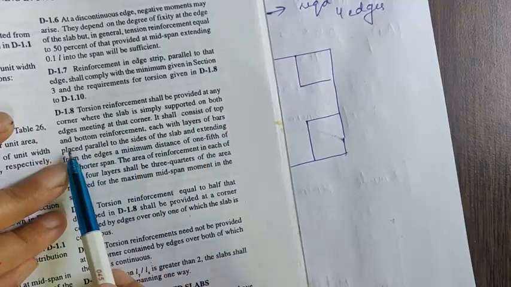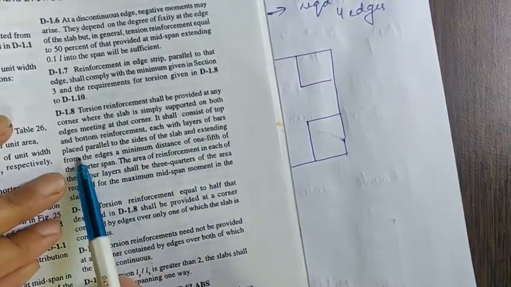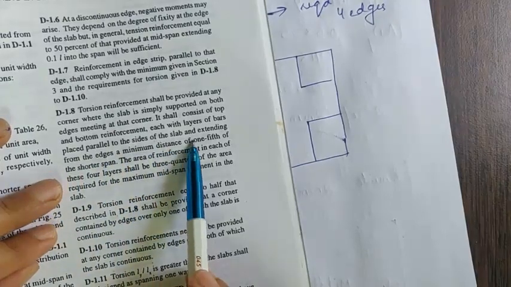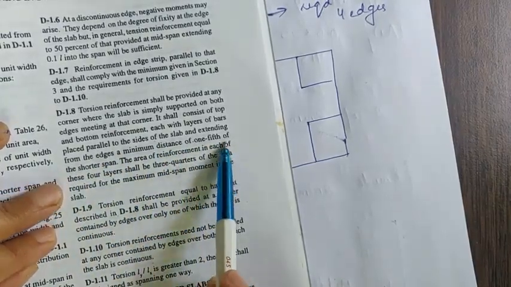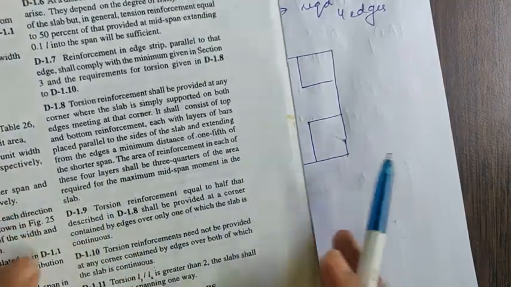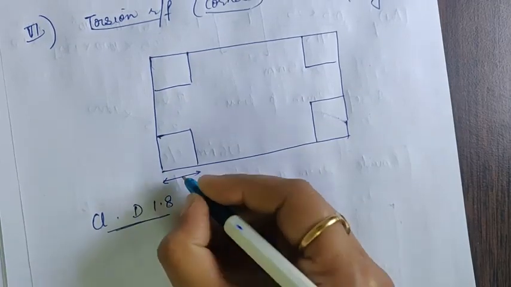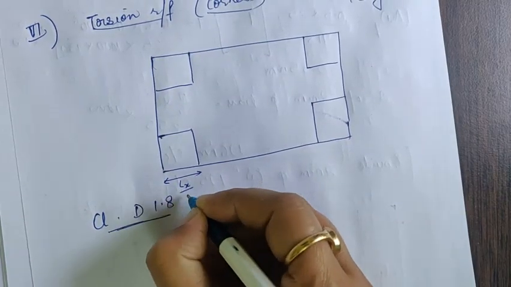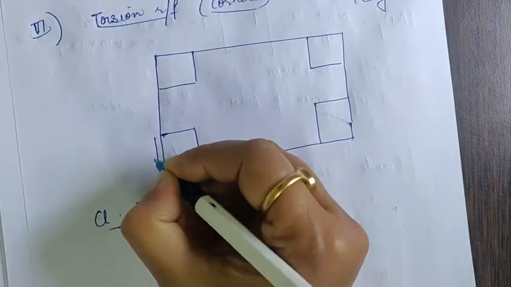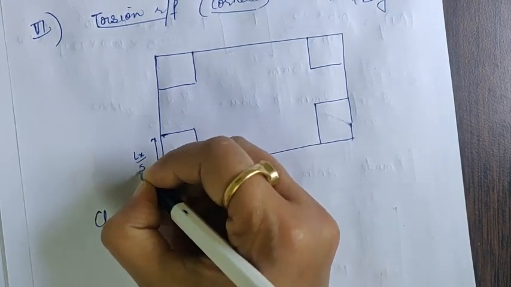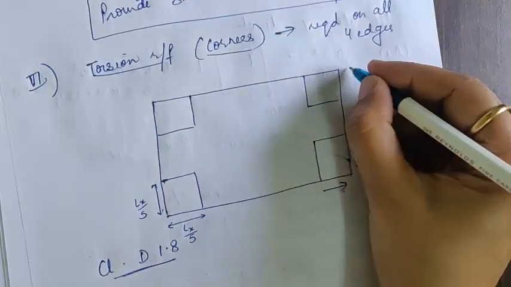It shall consist of top and bottom reinforcement, each with layers of bars placed parallel to the sides of the slab and extending from the edges a minimum distance of 1/5 of the shorter span. So it means on all the four sides it will extend by Lx by 5, 1/5 of the shorter span. So this is Lx by 5, both on the four edges.